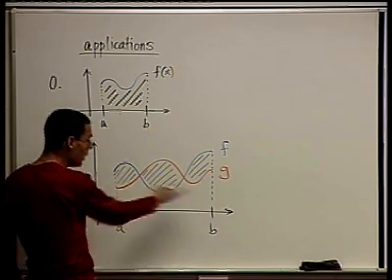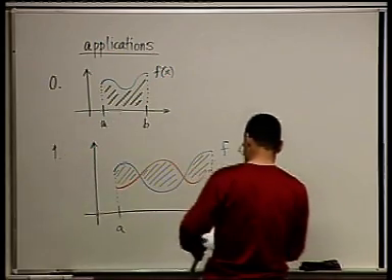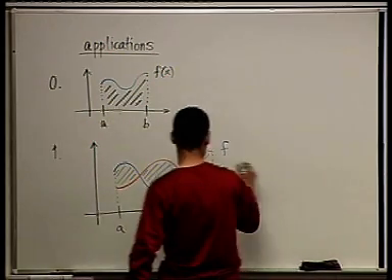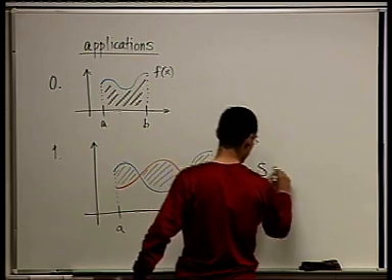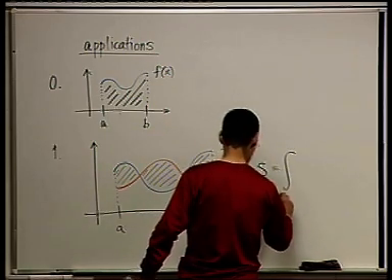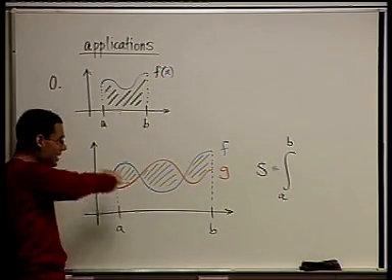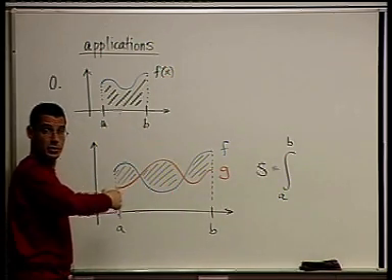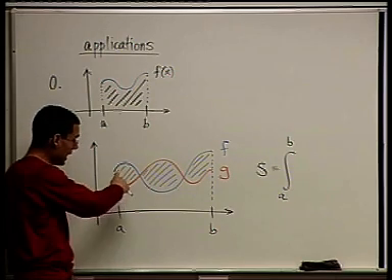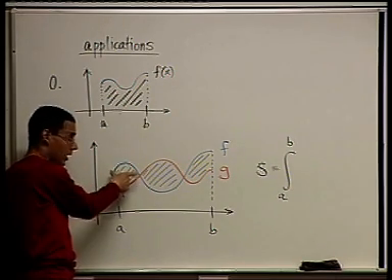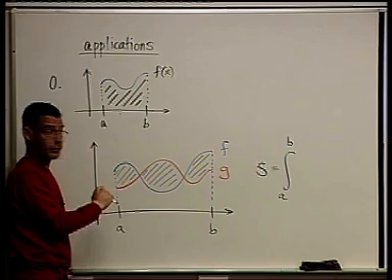So all in all, what I get is that the area trapped between the graphs, let's call it S, equals the integral from A to B. And what I want is the integral of the difference between the two functions. But I don't really care which one's bigger. I want it in absolute value. Okay?